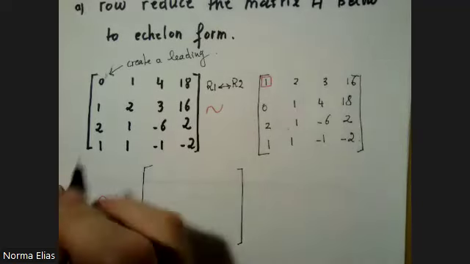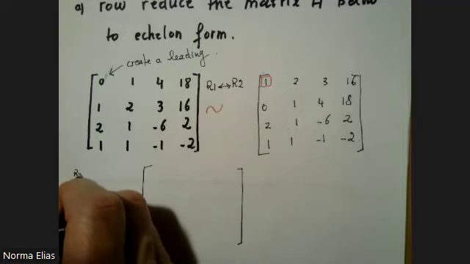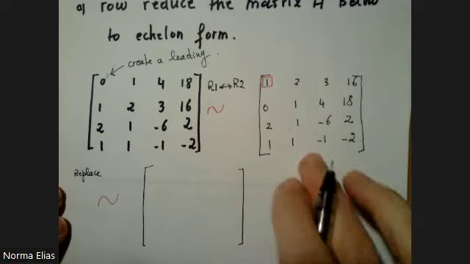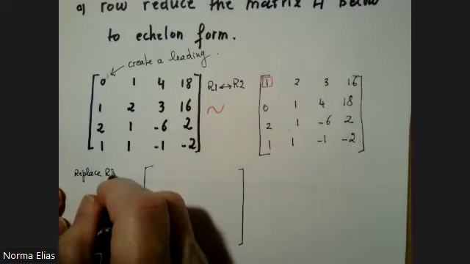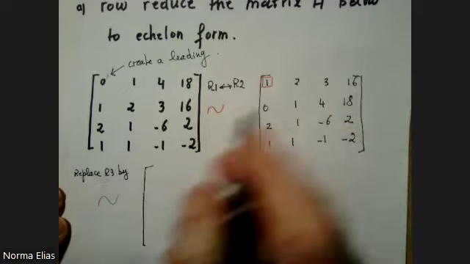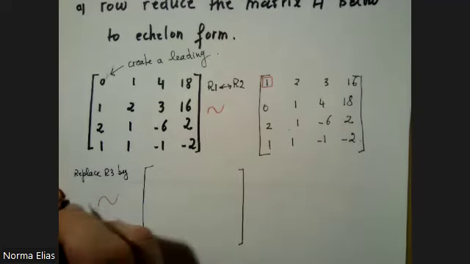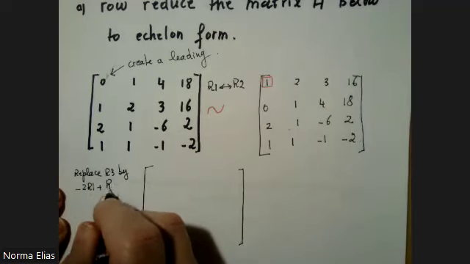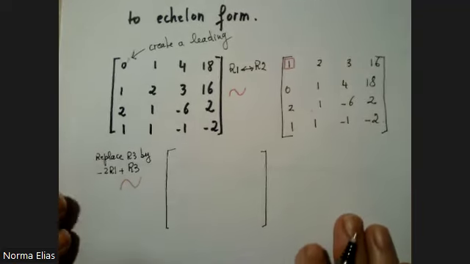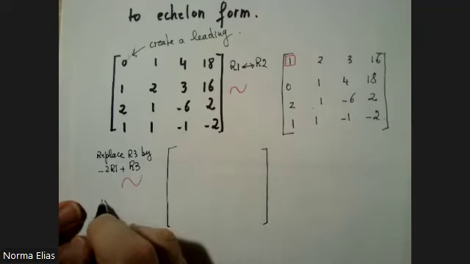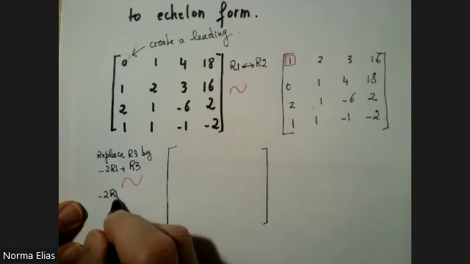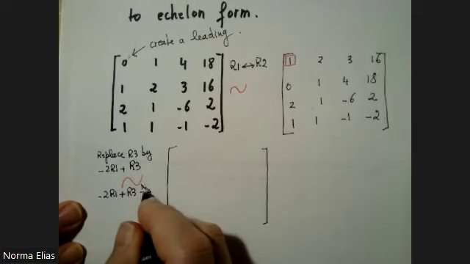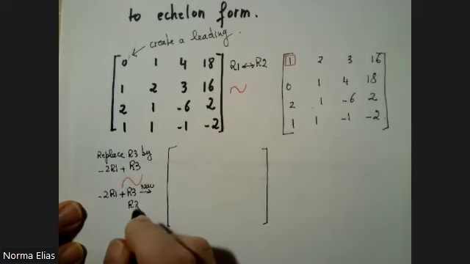We're going to replace the third row by, since I have a 2, taking the first one, multiplying it by -2, and adding to the third row. Or, as your classmate said, which is usually easier for us to write, this will become the new row 3.